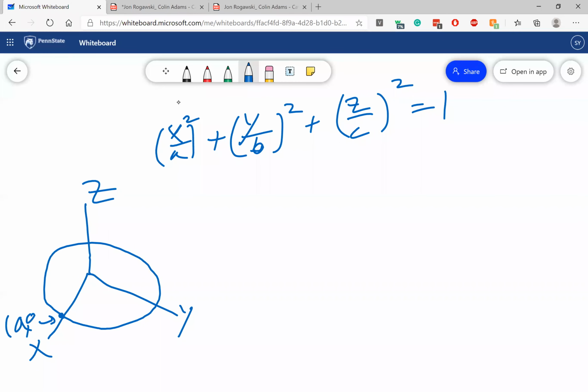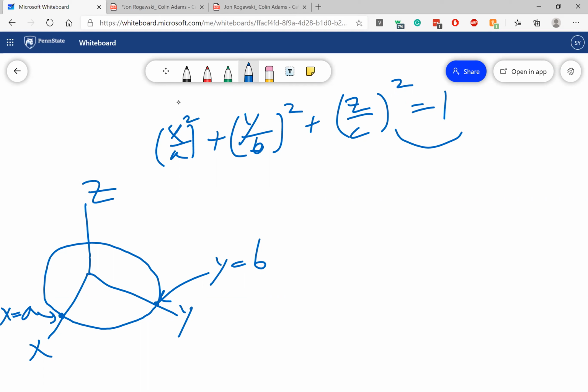Okay, whatever, but I'm just going to write A. It's the point where x is equal to A. This point over here is when y is equal to b, and this over here is on the other side.